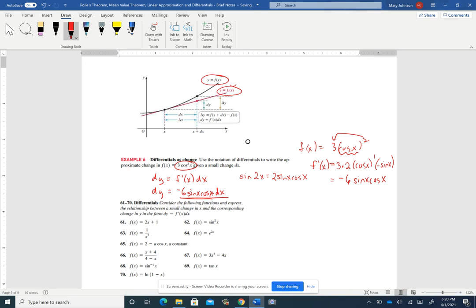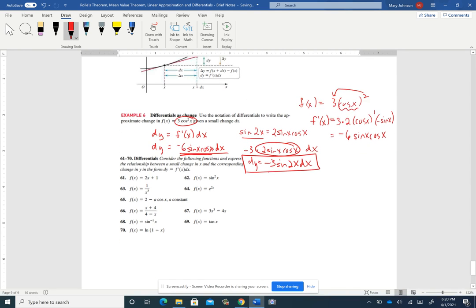So we really could think of this as being negative 3 times 2 sine x cosine x dx. And this is really sine 2x. Okay, so that would be also correct if you used an identity to get there. But I don't think that would make me want to count that one wrong.